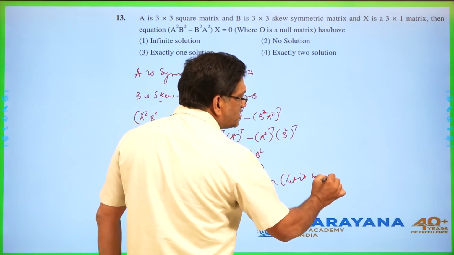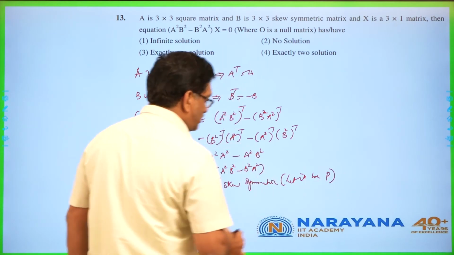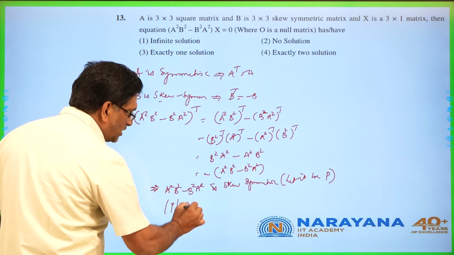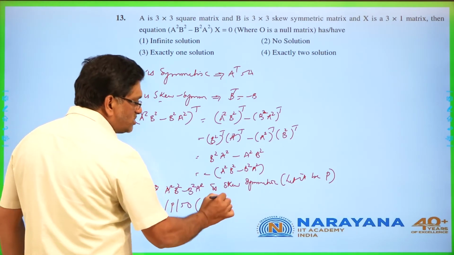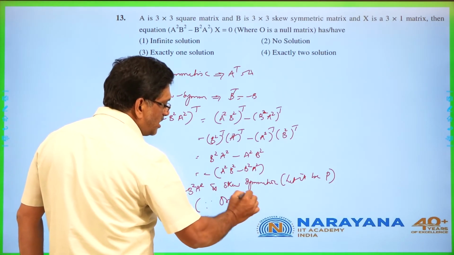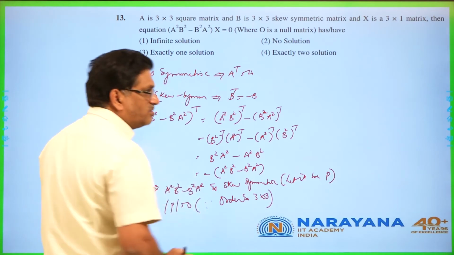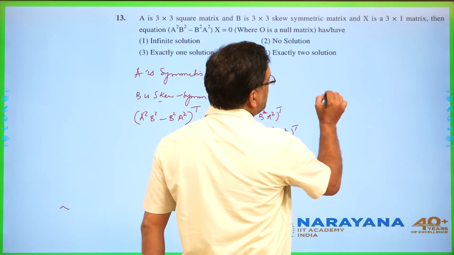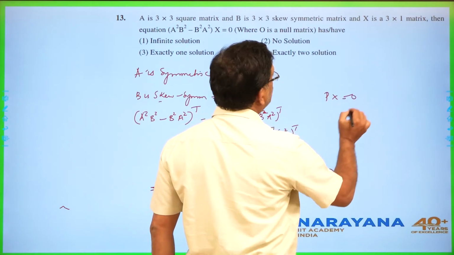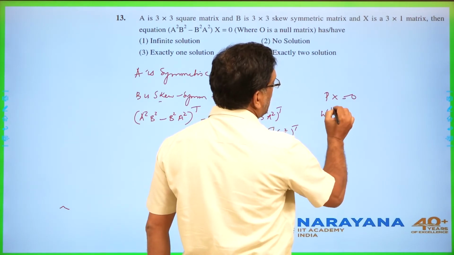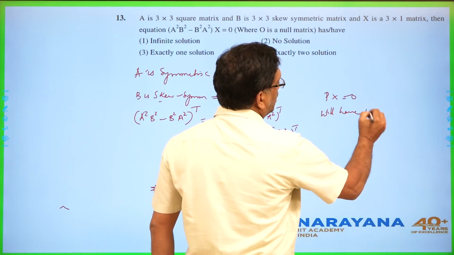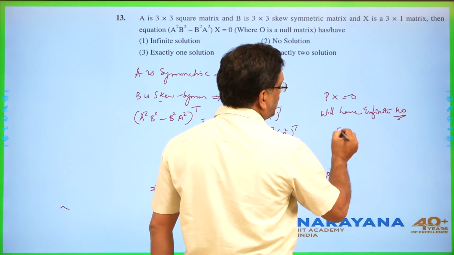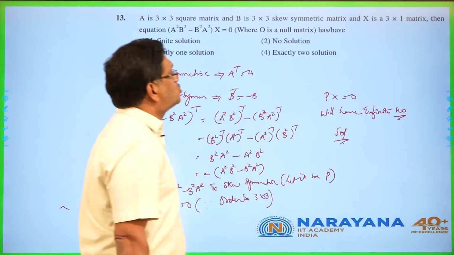Let it be something like P matrix. So P is skew symmetric matrix. We know that its determinant is 0 since order is 3 by 3, right? In such a case, he is asking P into X equal to 0 will have infinite number of solutions.